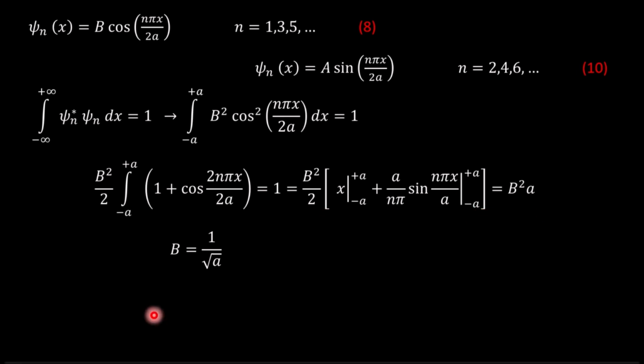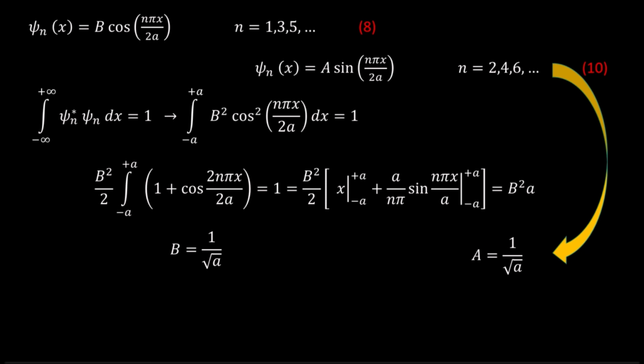Now simplifying this, you can see that the constant b is given by 1 by square root of a. A similar normalization on equation 10 leads to a value for the constant a which is the same, 1 by square root of a, where this small a is the half width of the potential well.